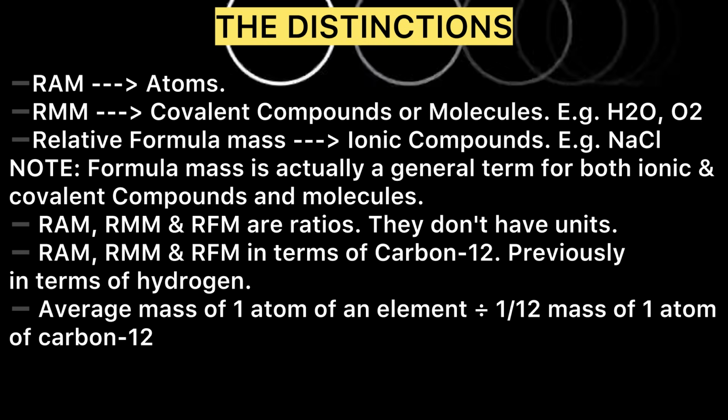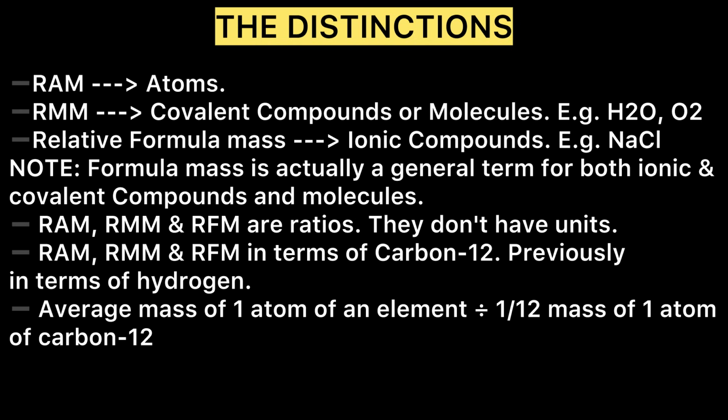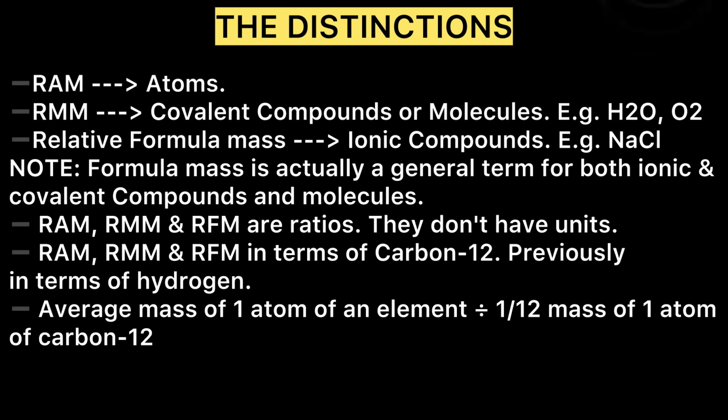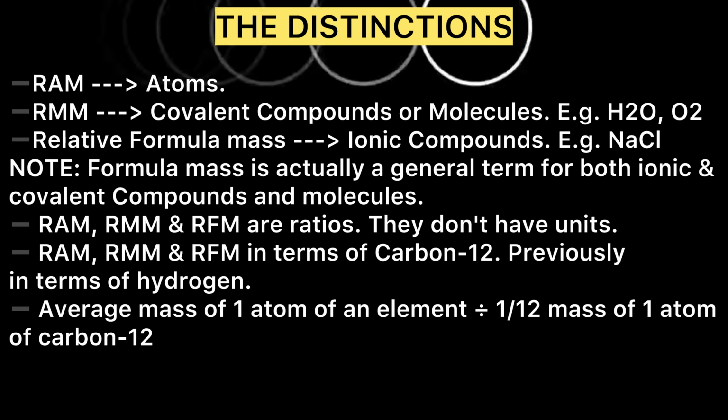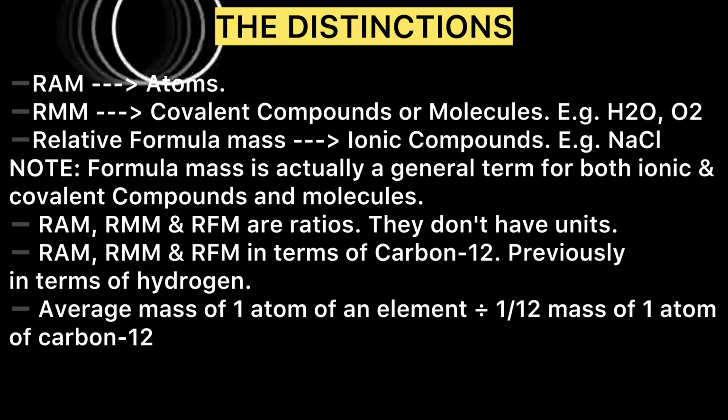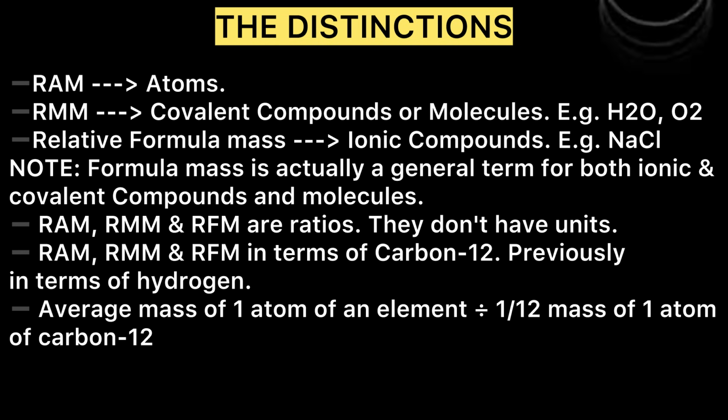They said the average mass of one atom of oxygen divided by one atom of hydrogen, because the atomic number of hydrogen is 1. But now we have changed it to carbon-12. So relative atomic mass is now in terms of carbon-12 and not hydrogen. Please take note.